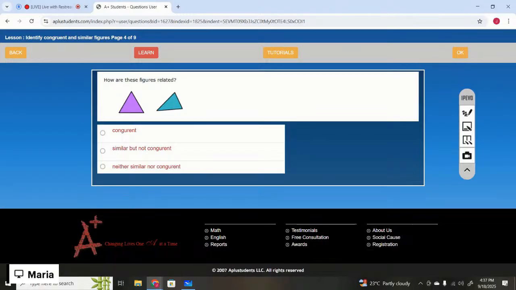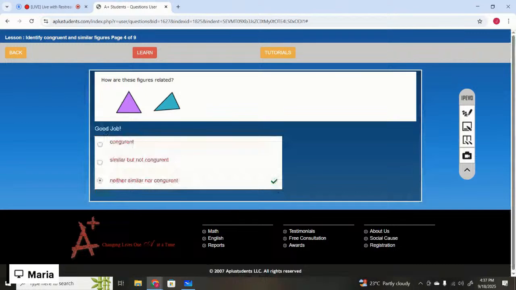How are the figures related? Neither similar nor congruent. Option number three is the correct option.